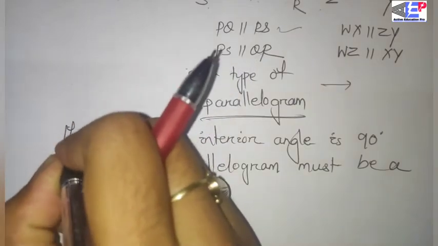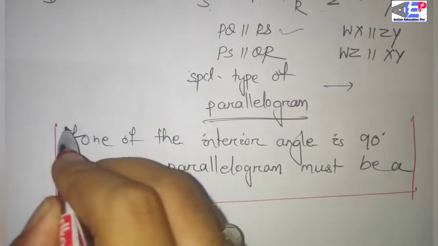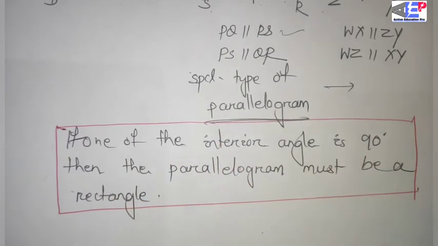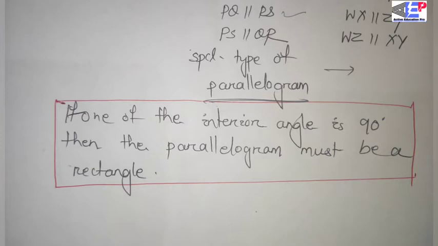Here I put "if": if one of the interior angles is 90 degrees in a parallelogram, then the parallelogram must be a rectangle.